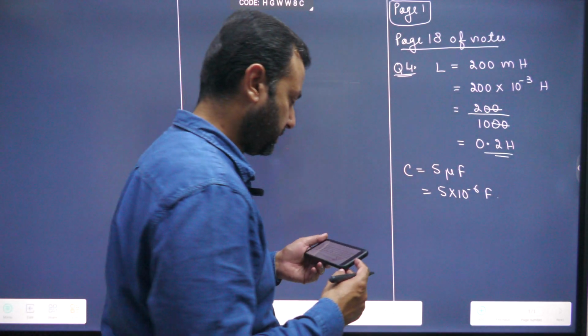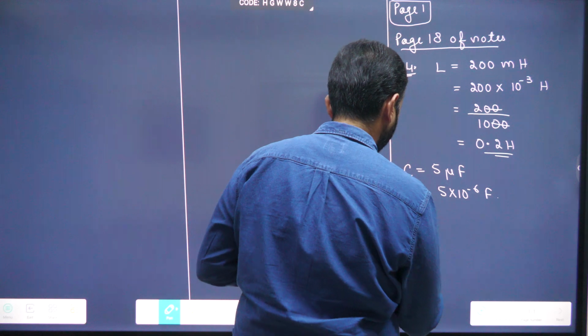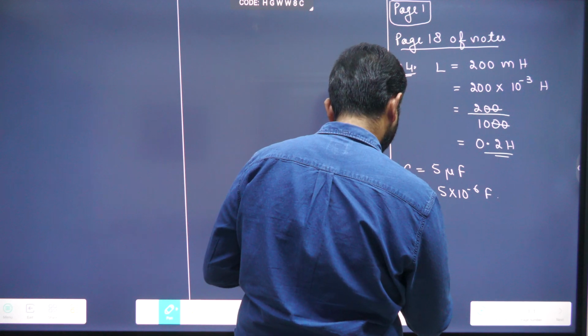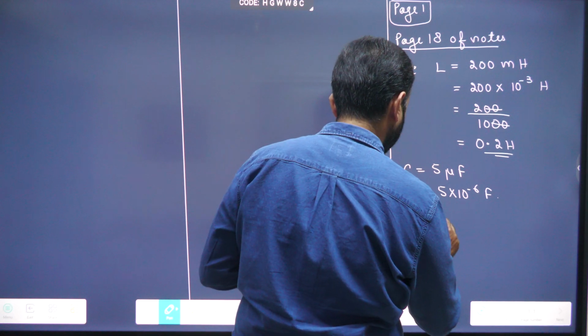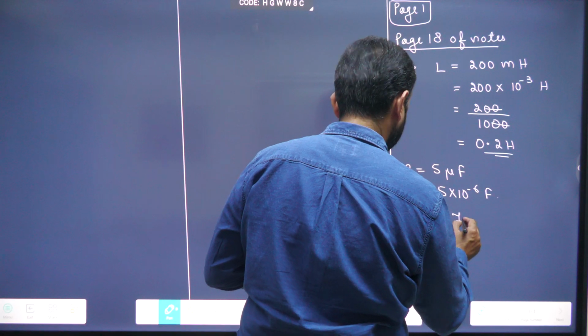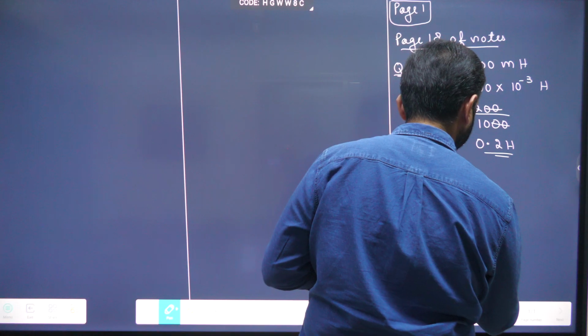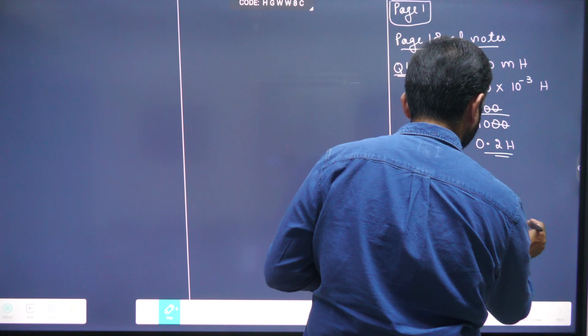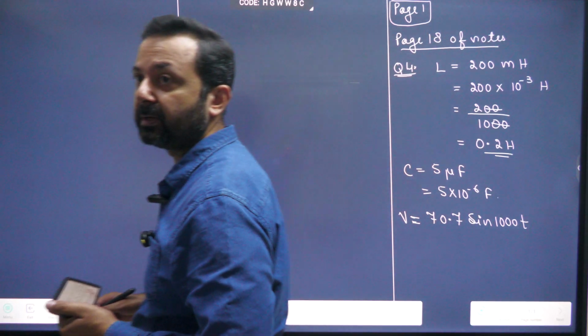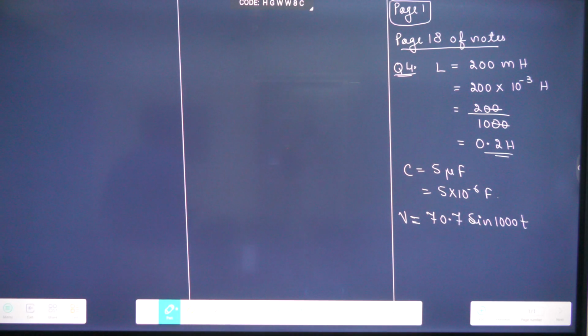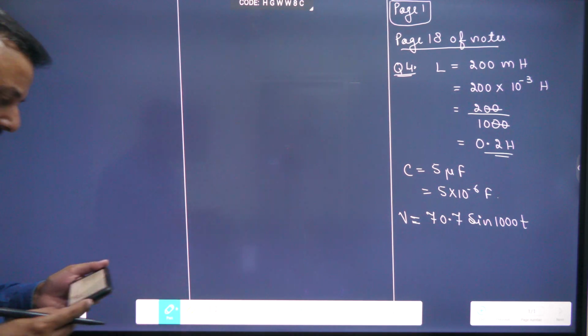And the AC voltage is given as V is equal to 70.7 into sine 1000 t.